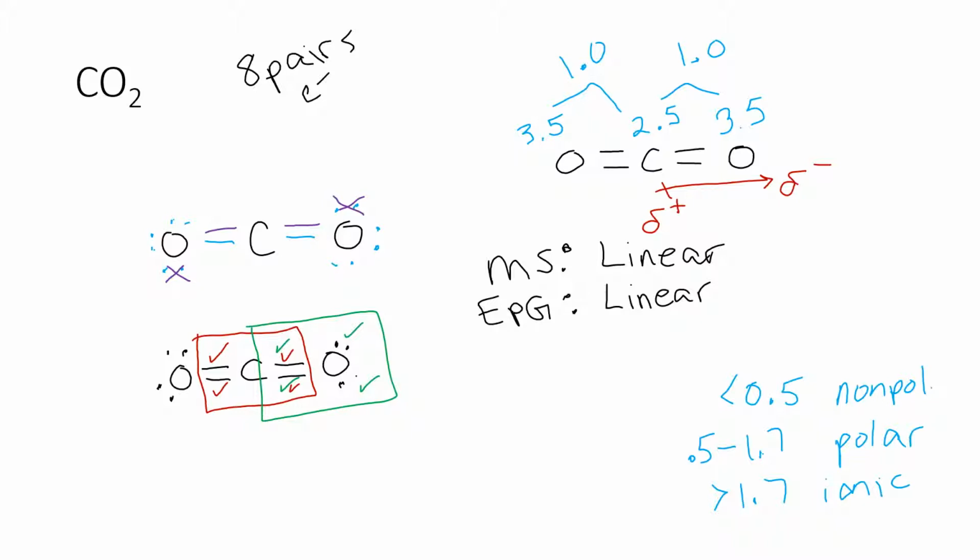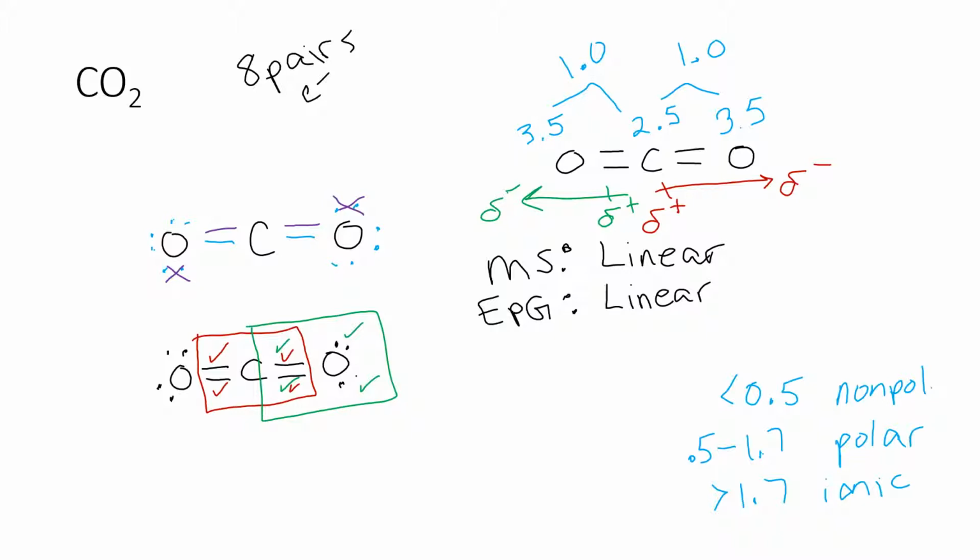And these little symbols I drew are deltas, delta with a negative and delta with a positive. That means there's more electronegativity on the oxygen end because those electrons are being held closer to oxygen. Now, the oxygen on the left is doing the exact same thing, and it is doing it equally.